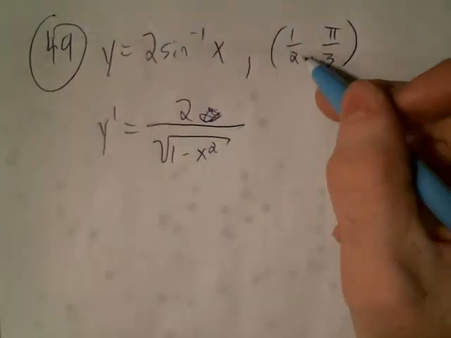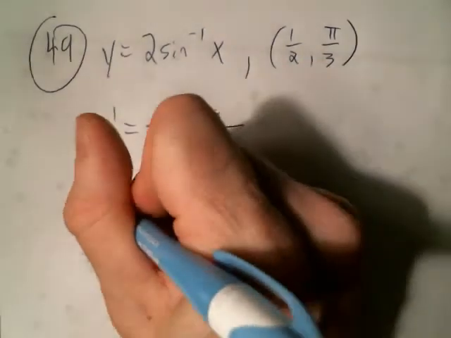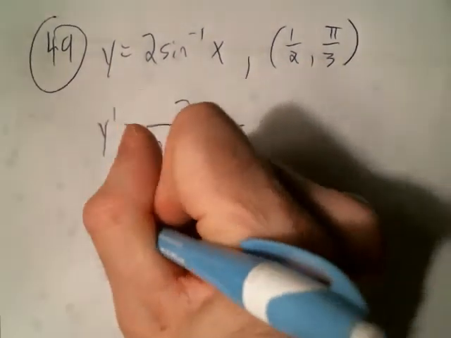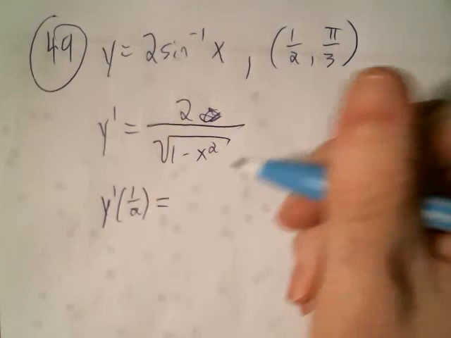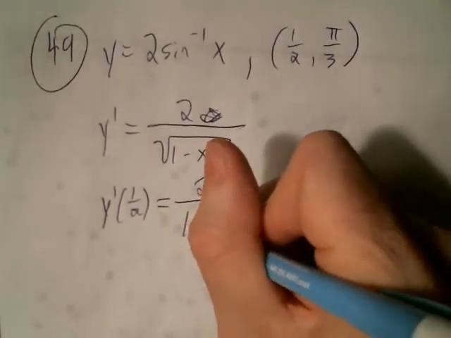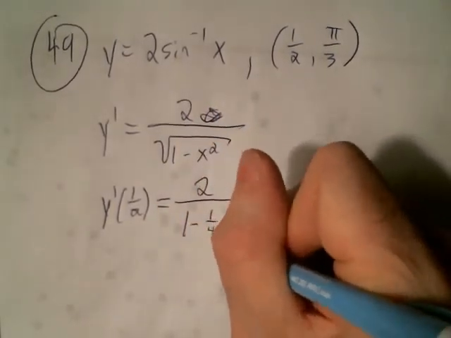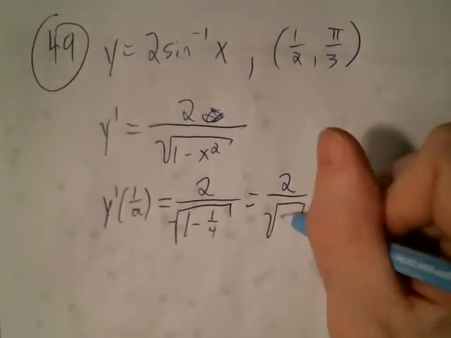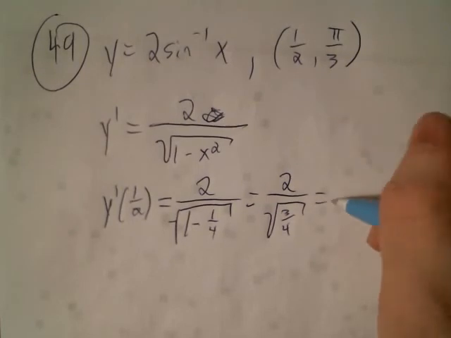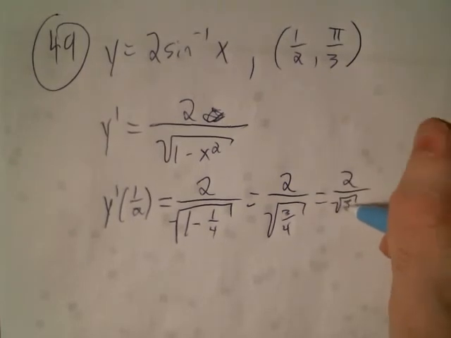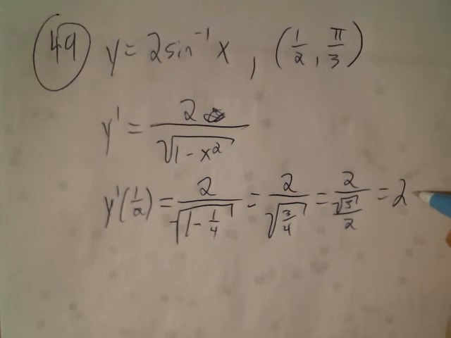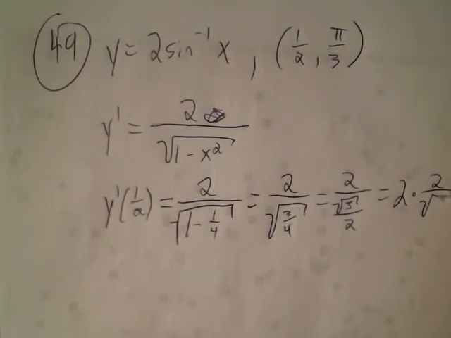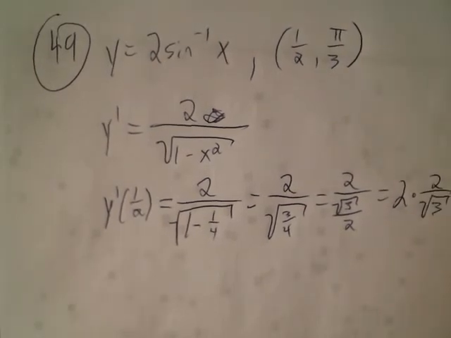Right, and then I want to evaluate this derivative at 1/2. So y prime of 1/2 is going to be 2 all over the square root of 1 minus 1/2 squared, which is 1/4. Okay, so that's going to be 2 all over the square root of 3/4, which is 2 all over square root 3 all over 2, which is 2 times the reciprocal of the denominator, which is 4 over root 3.